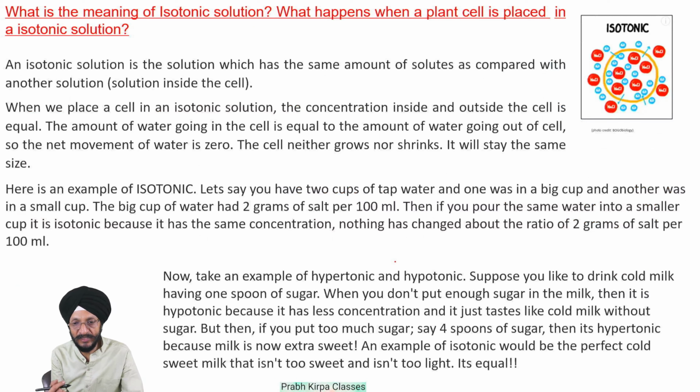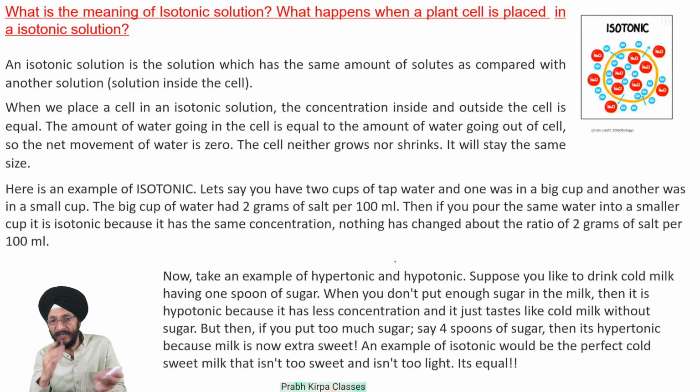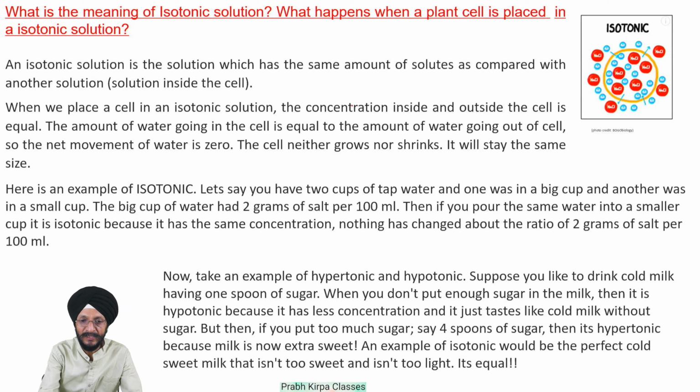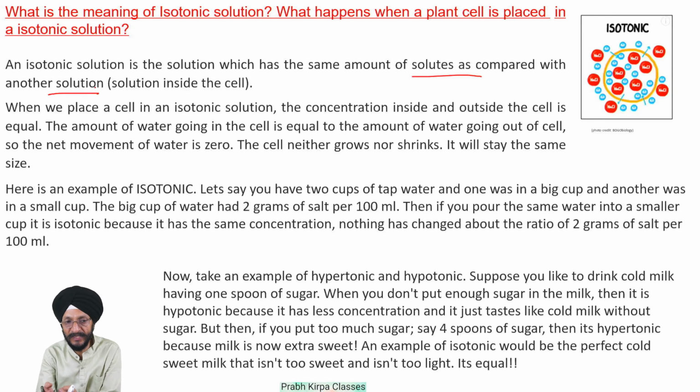So the next question, what is isotonic solution and what will happen if the plant cell is placed in the isotonic solution? Isotonic solution is a solution which has the same amount of solutes as compared with another solution. Another solution means inside the cell and outside the cell. The solutes are in equal concentration.